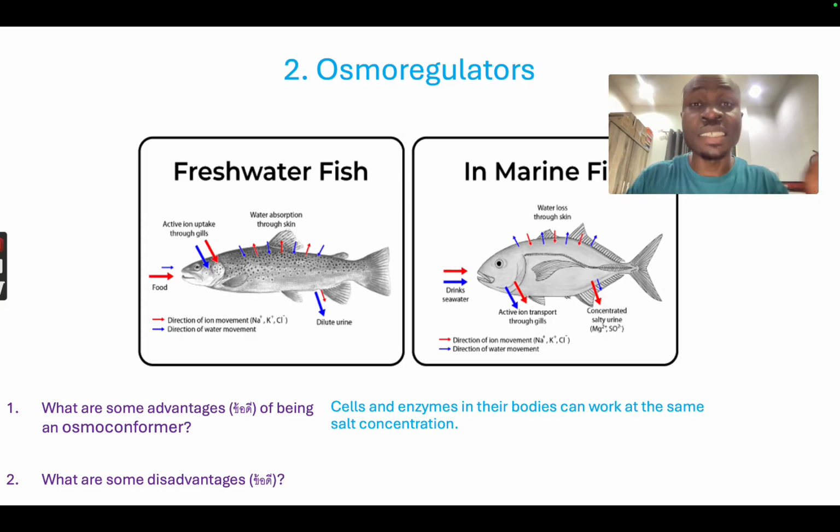They can work at the same concentration all the time. This is good for the enzymes, right? But what is the disadvantage for osmoregulators? The disadvantage is they use a lot of energy to control the water and salt concentration in their bodies.